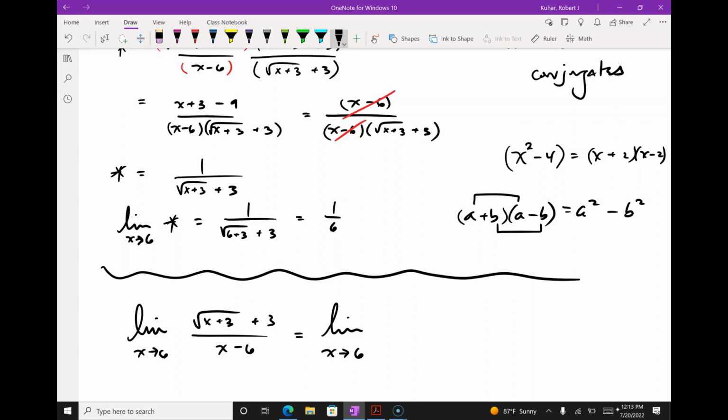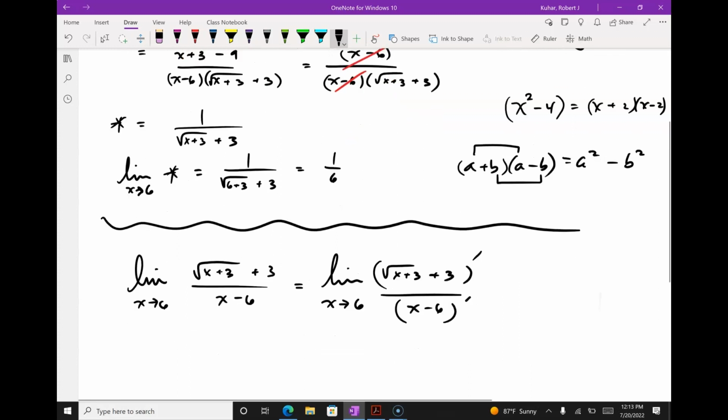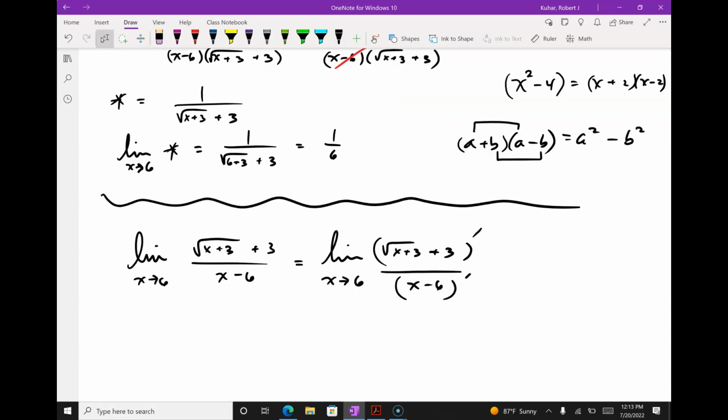I think the easiest way to write it is with parentheses and a prime. As soon as I'm doing a limit and I get a 0 over 0, I can use L'Hopital's rule. What does that mean? How am I going to write it to my audience? I'm going to show you that I'm doing a derivative of the numerator and a derivative of the denominator.